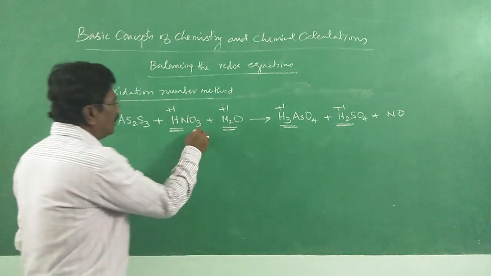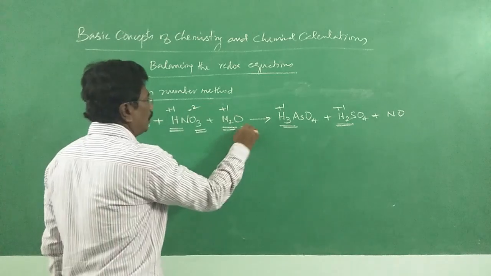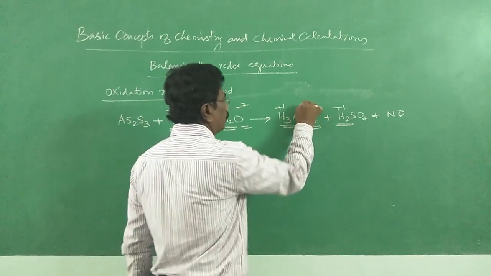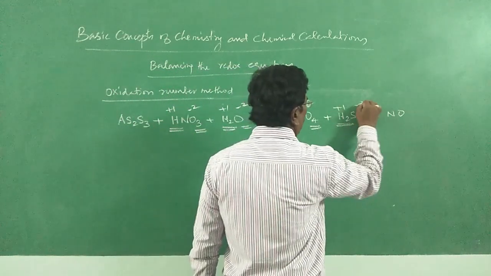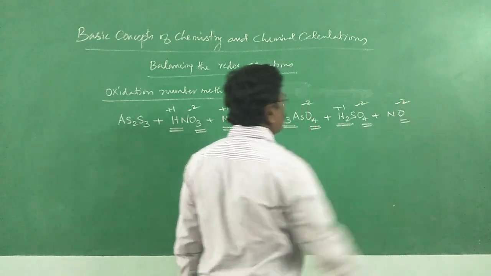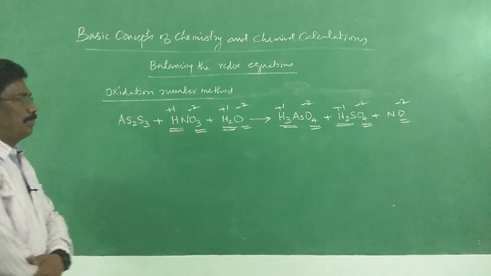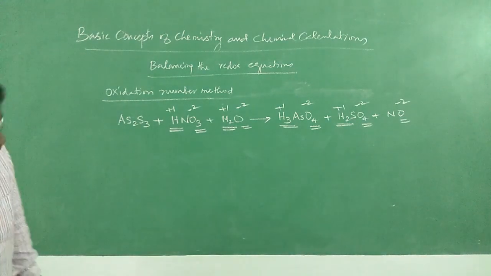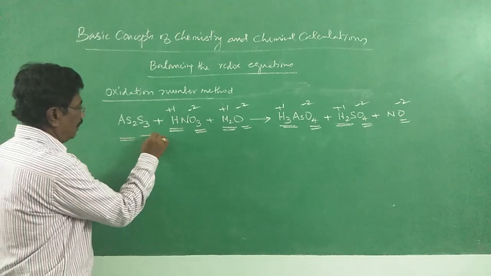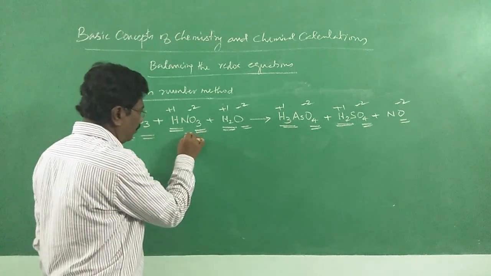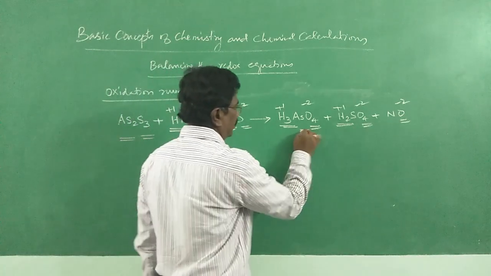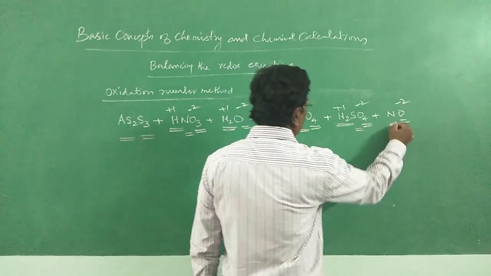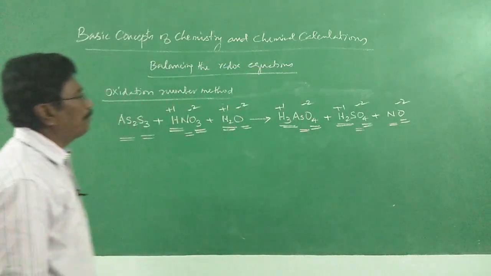Oxygen, in all its compounds, -2, -2, -2, -2 and -2. We didn't get any peculiar product or reactant. But for other elements, we can think of change in oxidation number. For arsenic, for sulfur, for nitrogen, yes, arsenic, sulfur and nitrogen. For these elements, oxidation number might have changed.